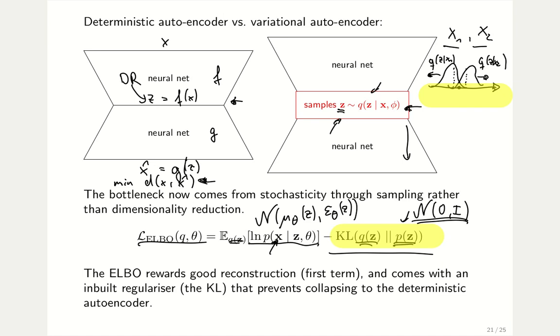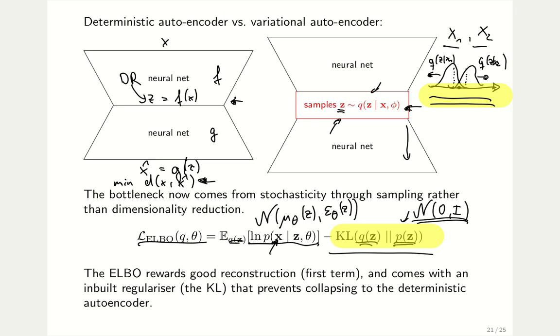So to summarize, the variational autoencoder, along with its error function, the evidence lower bound, rewards good reconstruction, just like the autoencoder did. And it comes with a very strong, very natural inbuilt regularizer that prevents it from collapsing to the deterministic autoencoder, because the deterministic autoencoder does exactly this thing, that it reduces the variance up here to 0.